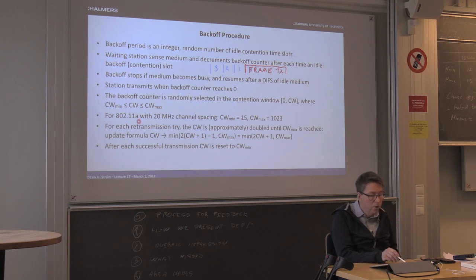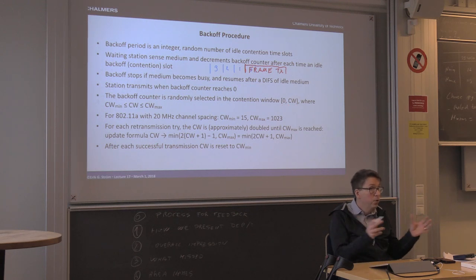So for 802.11a with 20 megahertz channel spacing, the minimum CW is 15, and the maximum CW is 1023. The size of the contention window is dynamic, so it changes with the situation. And just as in Ethernet, it changes depending on how many retransmissions we are doing.